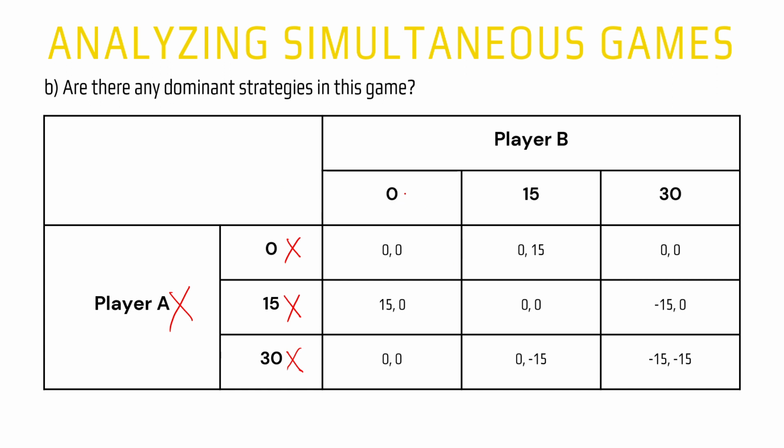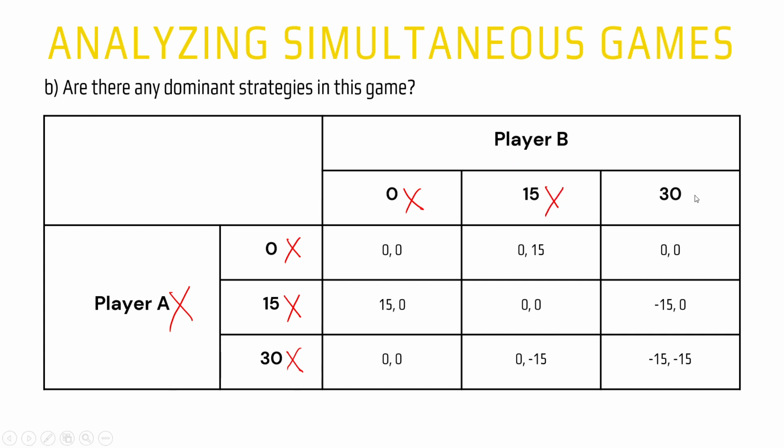So the $0 strategy is not a dominant strategy. Next, the $15 strategy. The first one is a dominant strategy. The second one is equal to the other strategies. However, the last one is being dominated by the $0 strategy. Therefore, the $15 strategy is not a dominant strategy.